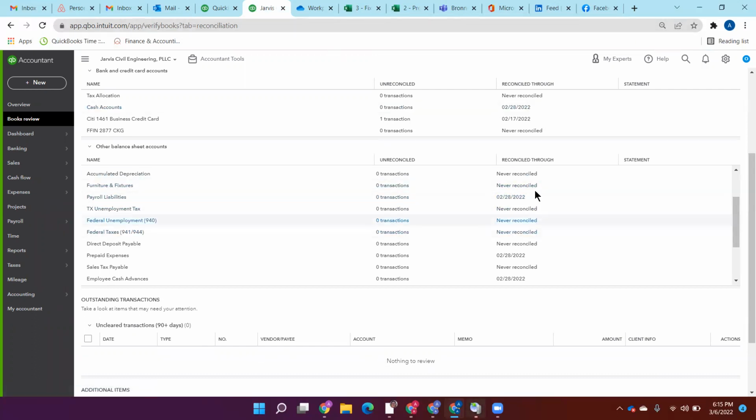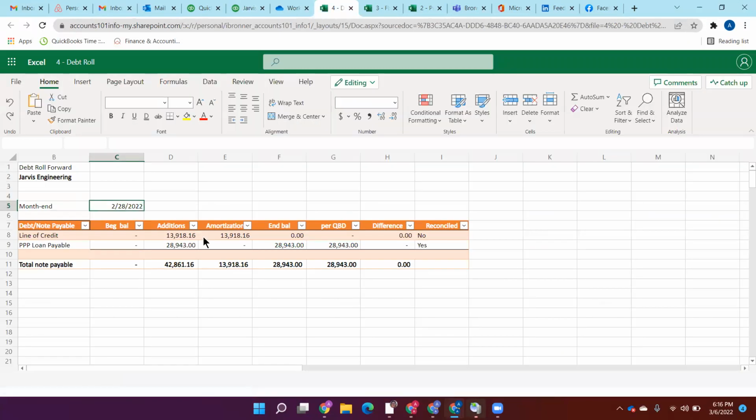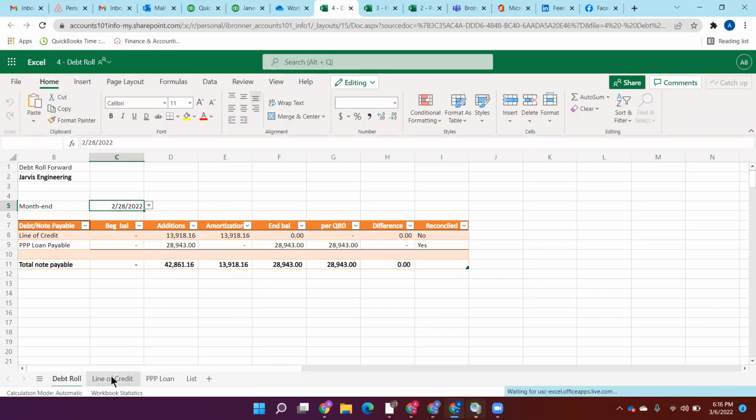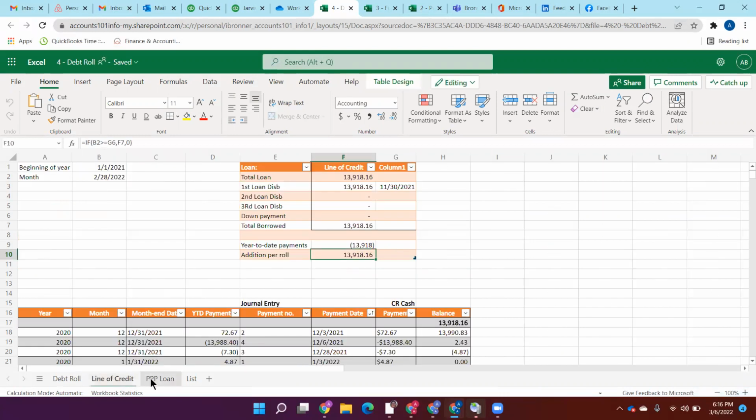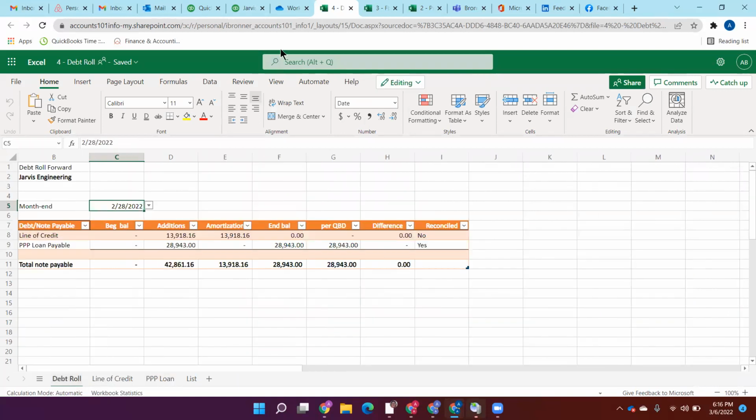And so that was the first one, and I had the work paper for that one. Then I got to payroll liabilities, and I went back to this one, and there's a debt roll, but oh, she had a PPP loan. But there's nothing as far as any kind of payroll liability.